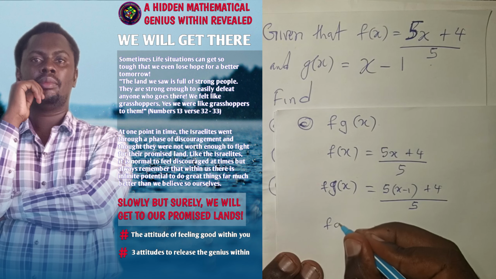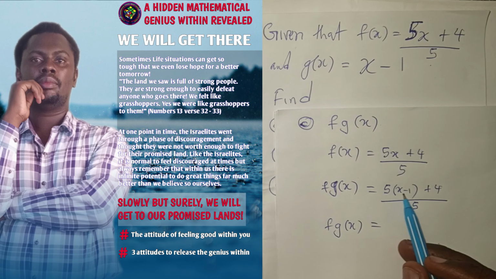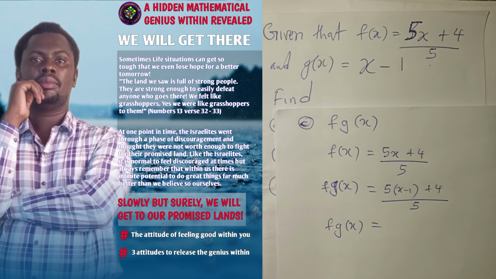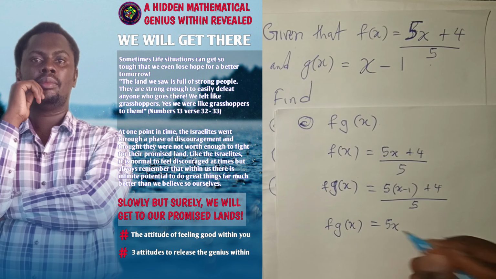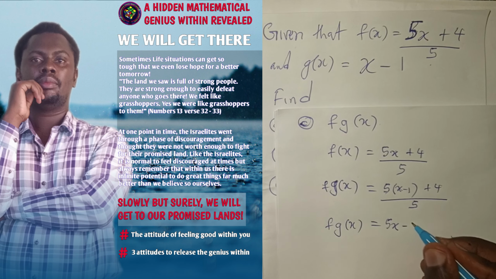So we have fg of x is equal to, here it's just a matter of expanding. We multiply 5 through x minus 1. What is 5 multiplied by x? We get 5x. 5 multiplied by minus 1 gives minus 5. Then plus 4 over 5.